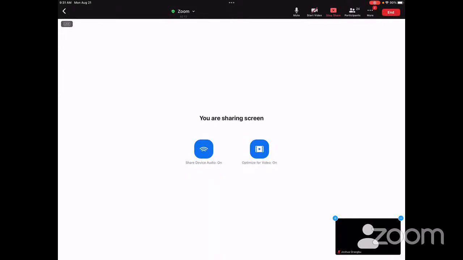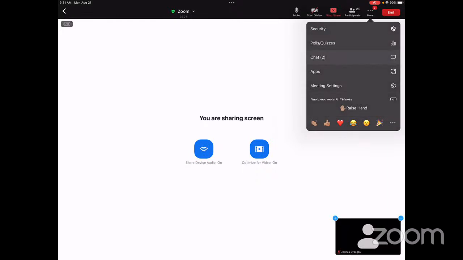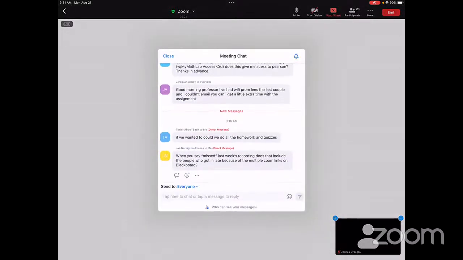Let me check this real quick. Yes. Okay. And when you say missed, yes. Now, is it the QR code? What's creating the multiple links? Because there's only one meeting ID, but I'm thinking that maybe the QR code somehow got scrambled or something.